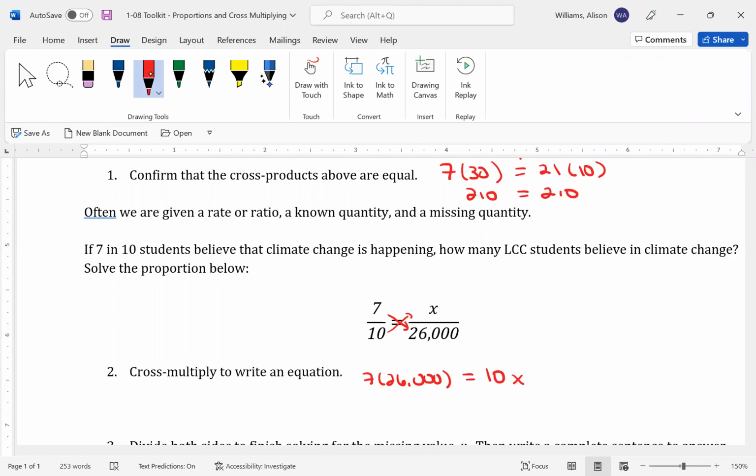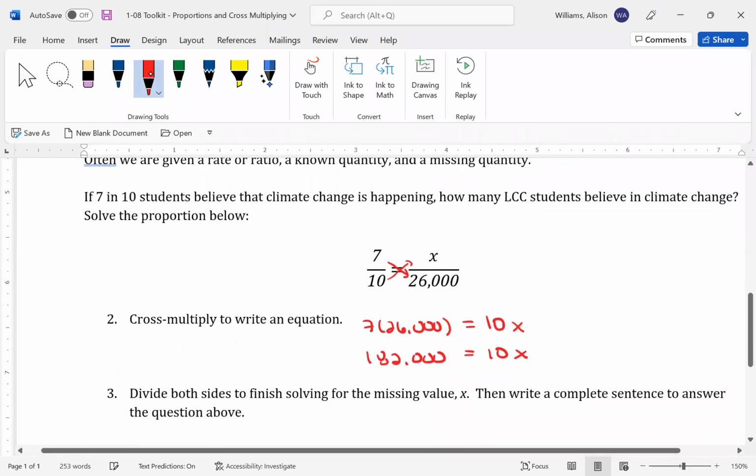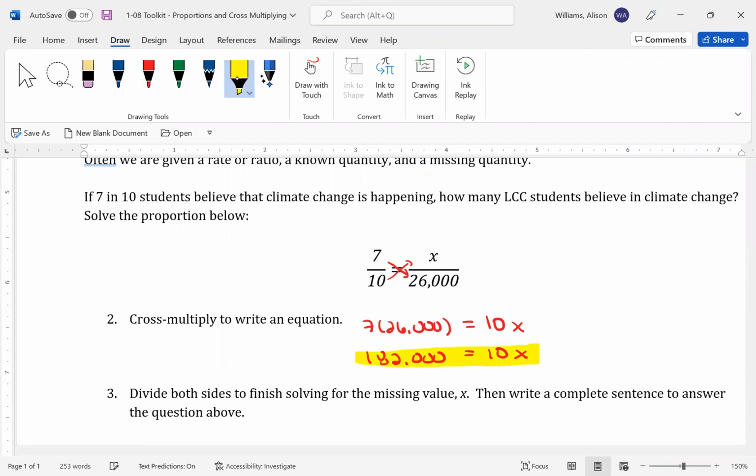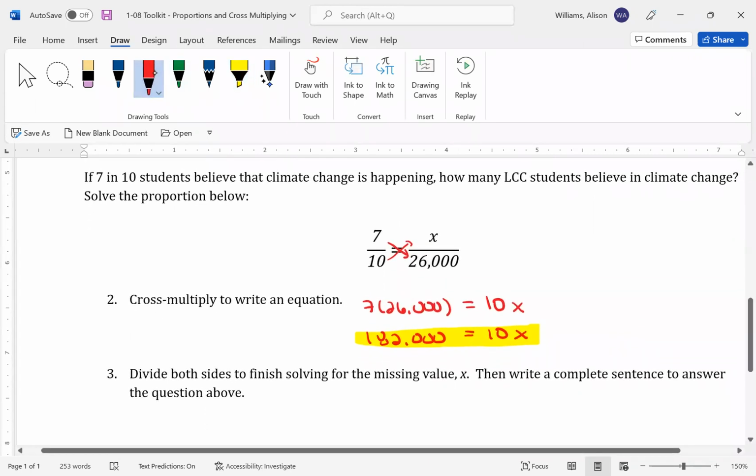Okay, so 7 times 26,000. Let me do that in my calculator. That comes out to 182,000. All right. And they say to divide both sides to finish solving for the missing value x, because in other words, we're looking at a simple algebra equation. So to solve for x, we'll divide both sides by 10.